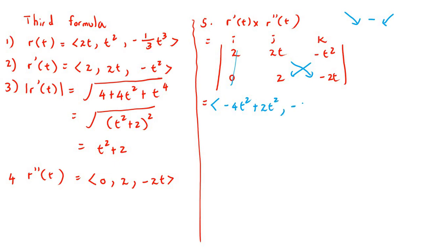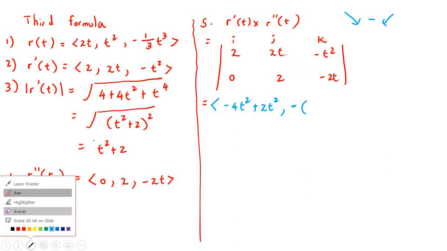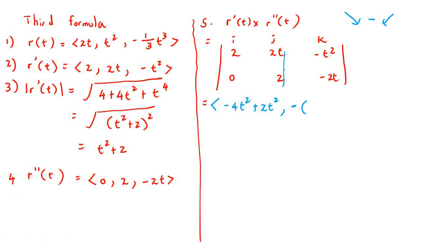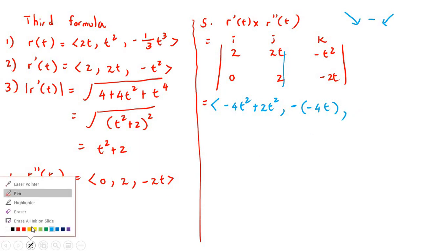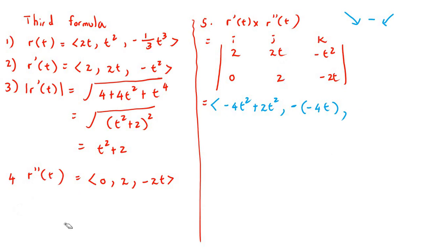For component j, you close it again: the main product 2 times negative 2t is negative 4t, minus 0, because 0 times negative t squared is 0. For component k, you close it: main diagonal 2 times 2 is 4, minus 0.